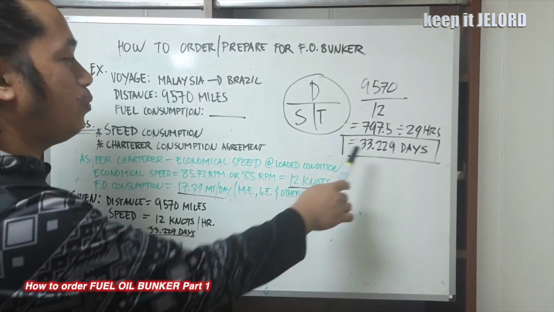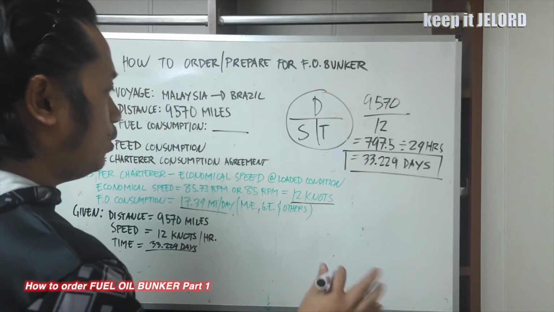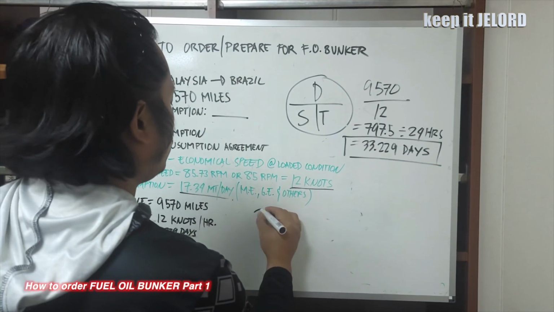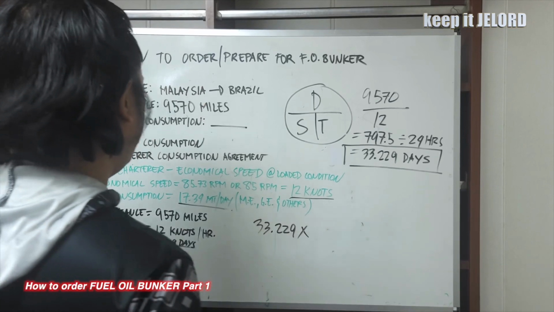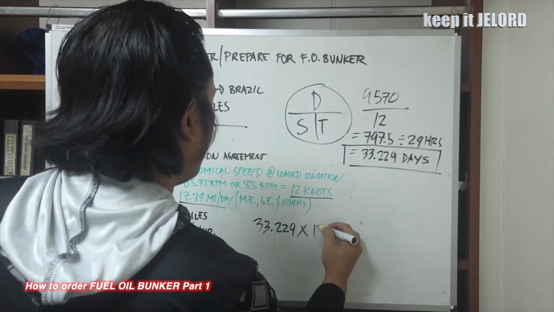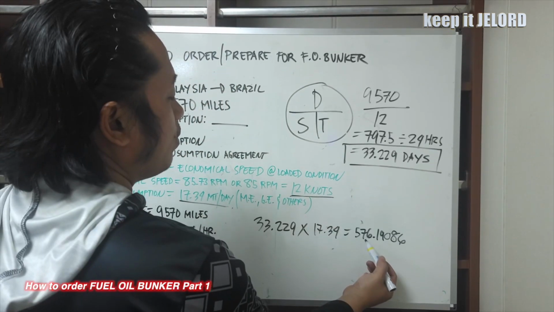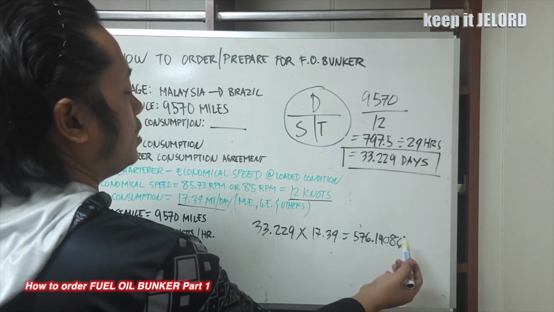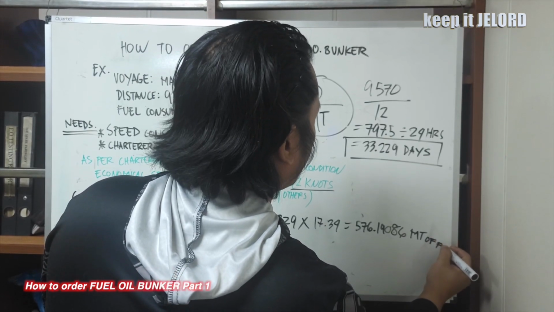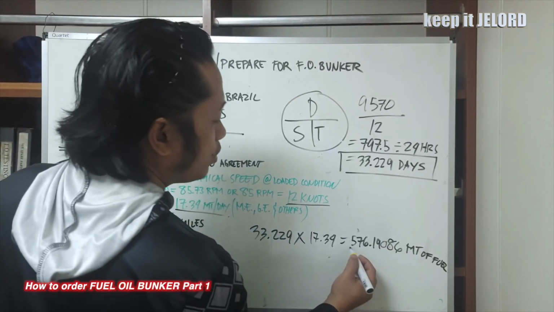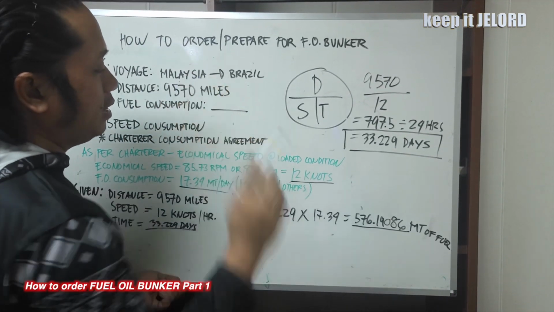We are going to compute the total consumption, so we multiply: 33.229 times 17.34 equals 576.19086 metric tons of fuel. This would be our total consumption for this voyage of Malaysia to Brazil.